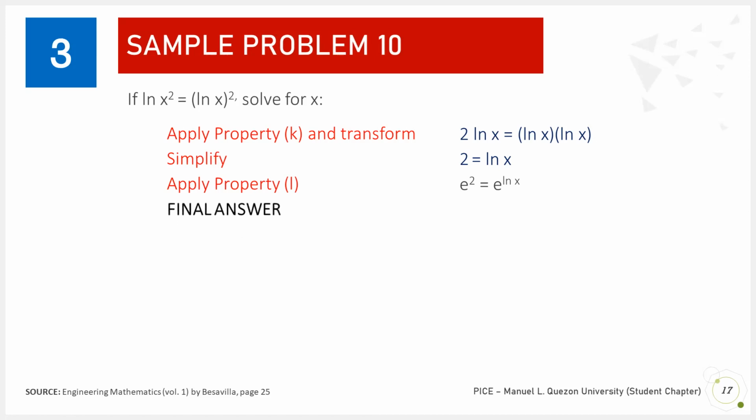So mangyayari, if we simply copy the argument inside the natural logarithm, so ang mangyayari is we have x is e raised to 2. So again, yung e raised to the natural logarithm of x is equal to x. And then yung e squared as is siya. So wala tayong ginawang transformation.